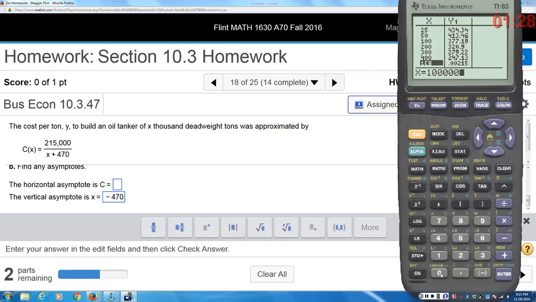See, there's million, billion, trillion.